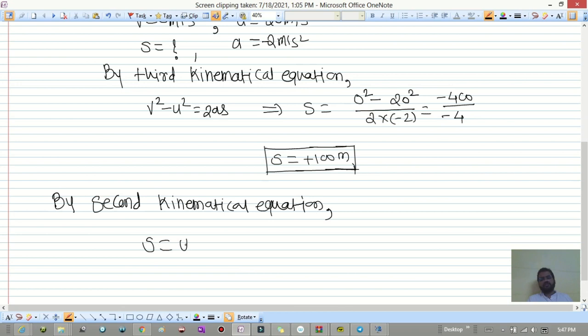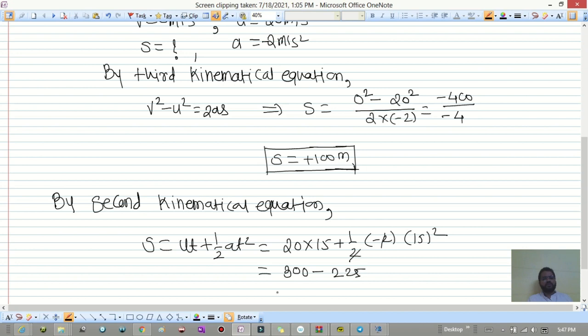So s is equal to u, which is 20, into t, which is 15, plus 1 by 2 into minus 2 into t squared, that is 15 squared. So here we have 20 into 15, 300, minus 225, and we have 75 meter.